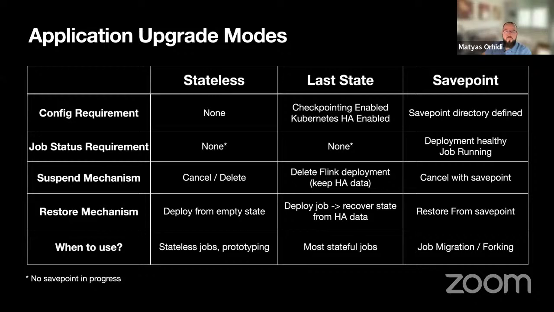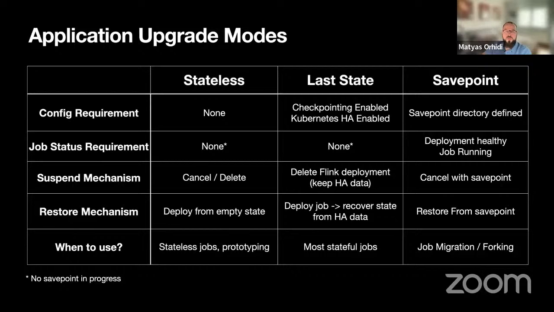The upgrade operation can be performed anytime. It will simply delete the Flink deployment, keeping the HA data in the config maps, and restore the cluster from the config maps. This upgrade mode is recommended for most stateful jobs in production.